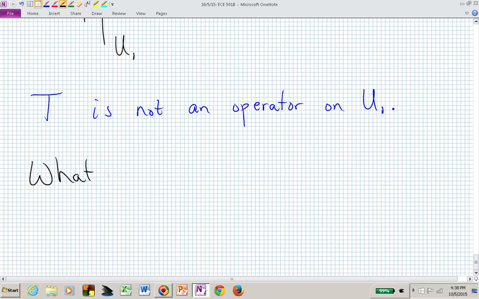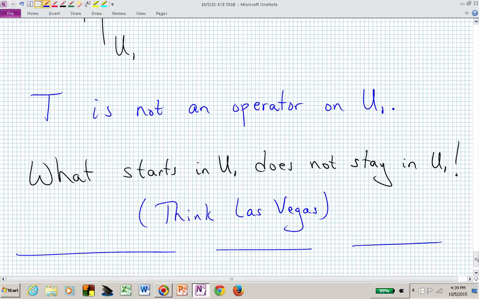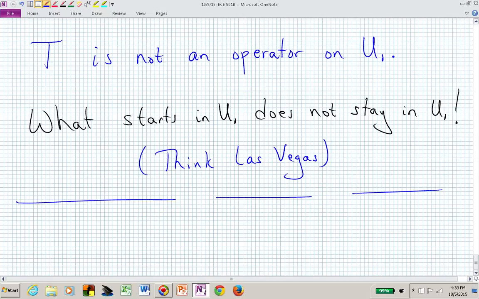One of the goals was: what starts in U1 does not stay in U1. Think Las Vegas: what happens in Vegas stays in Vegas. Well, here, what started in U1 may not stay in U1, and it really is critical what that linear map is.